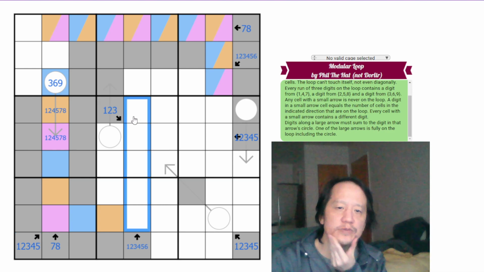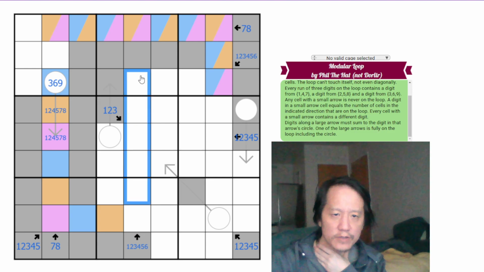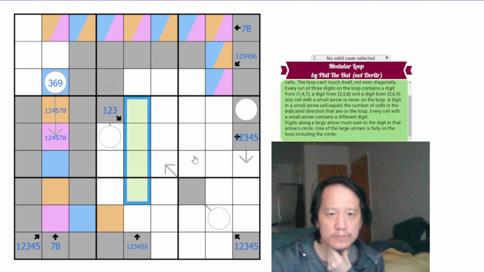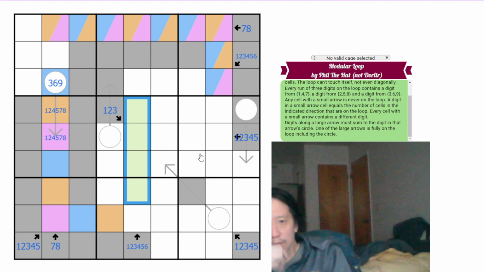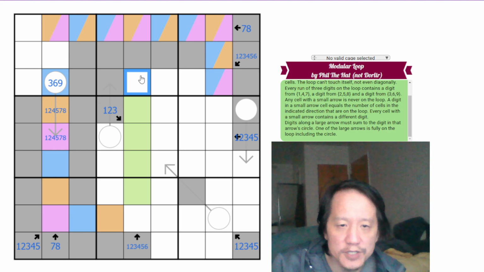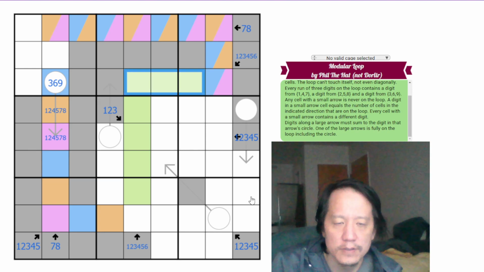What about this being 6? So it's either here. So then all of these are green. If it continues here, it has to go here. It cannot double back, so then it would have to continue this way. Right?